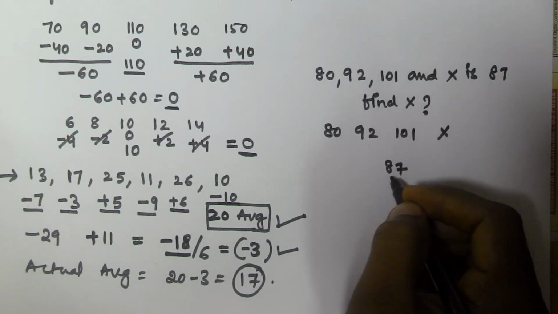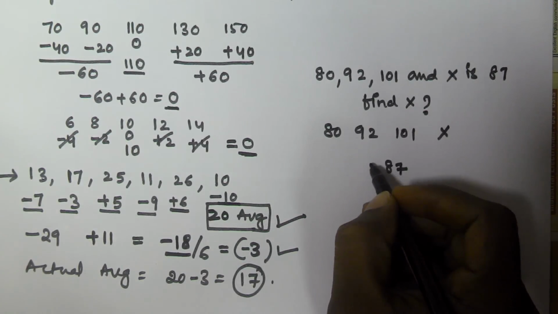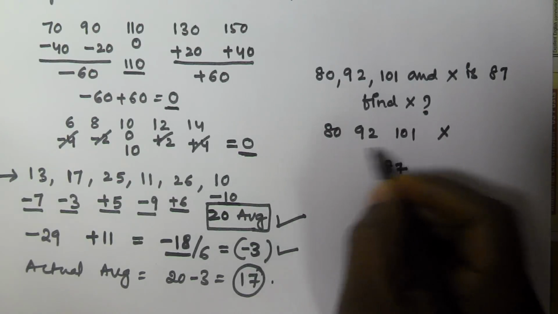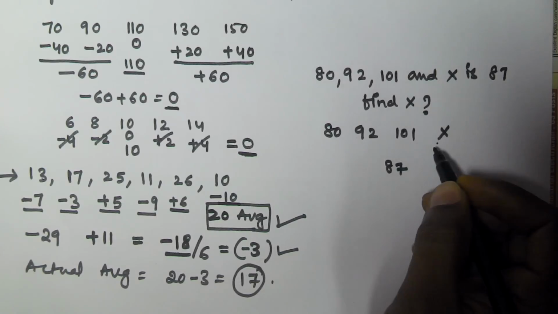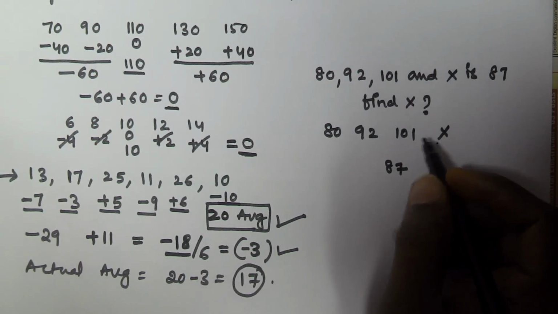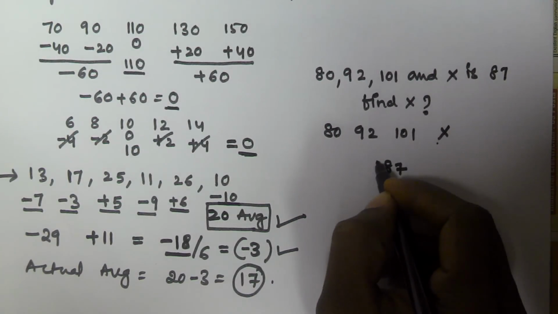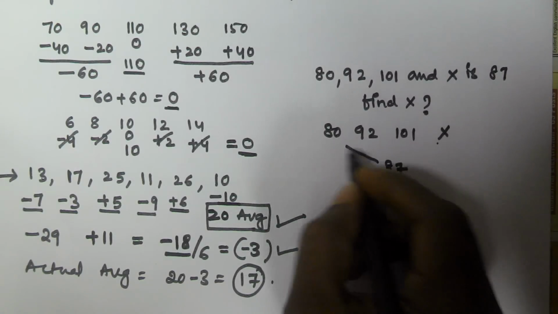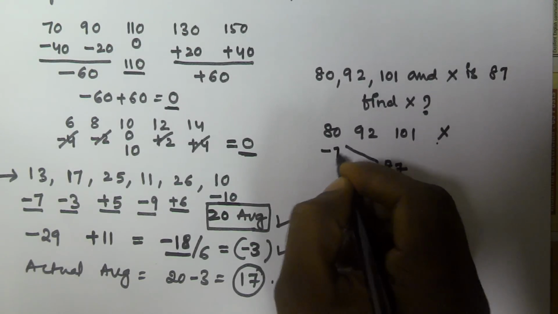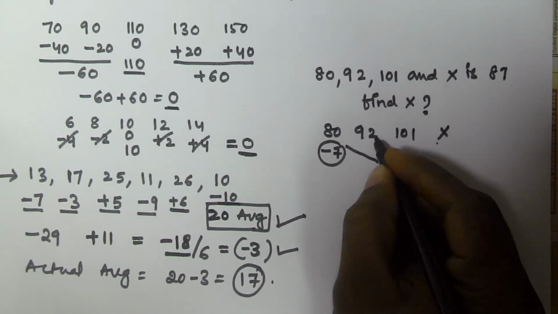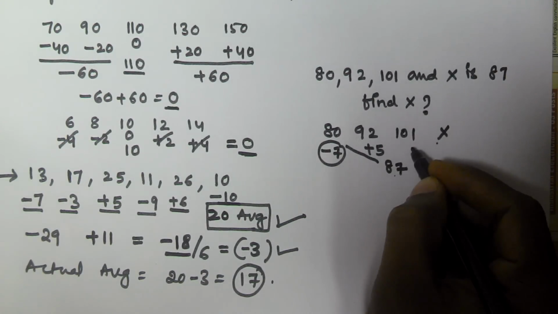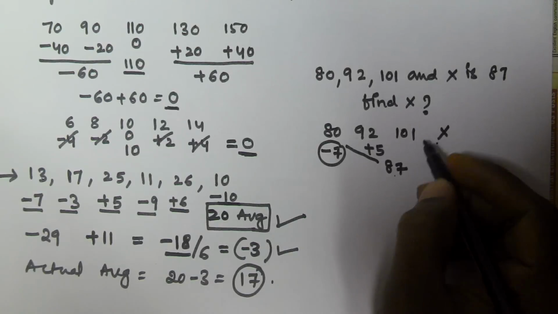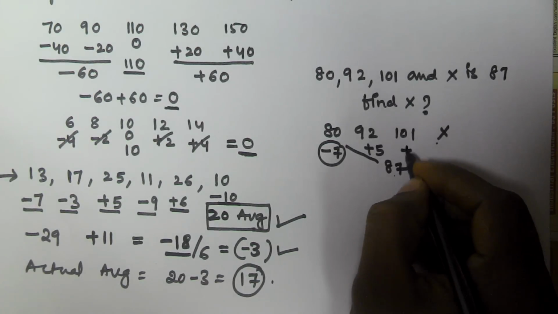We know that 87 will make equal negative deviation and equal positive deviation, and the sum of positive and negative deviations is going to be 0, right? So 80 minus 87 makes minus 7 deviation. 92 makes plus 5 deviation, and 101 makes plus 14 deviation.